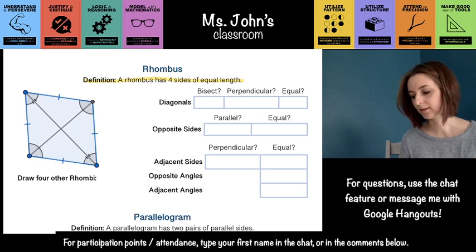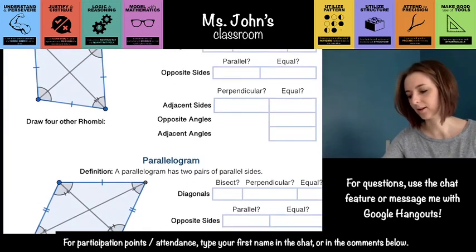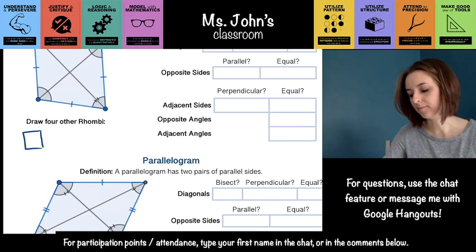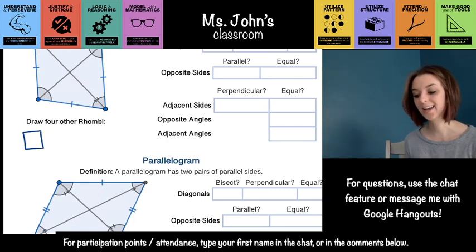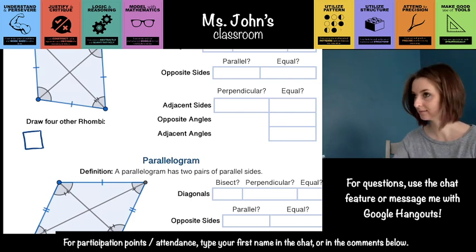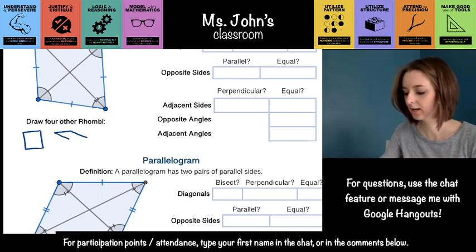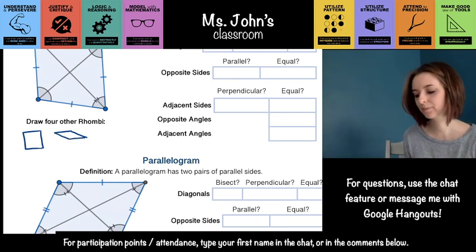So for example, I will just start my drawing of four rhombi here. One rhombus could be a square, because having all four sides the same makes it a rhombus. But other rhombi could be a really squished diamond shape.